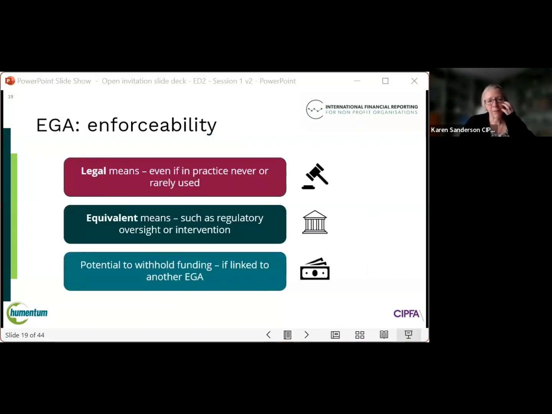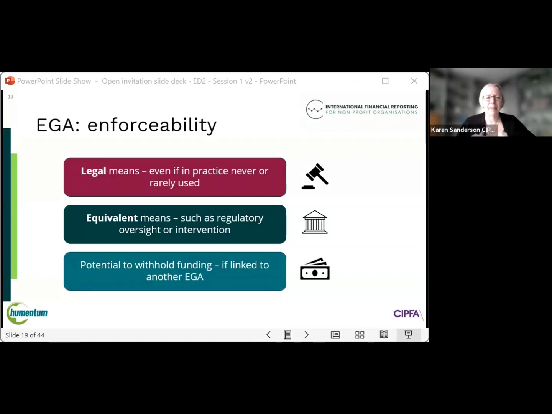So enforceability, sort of talked about it relates to both parties. What the guidance also says is that, yes, it's enforceable if there is the legal ability to do that. And that applies whether or not it's used in practice. So it is the ability to do that is important.